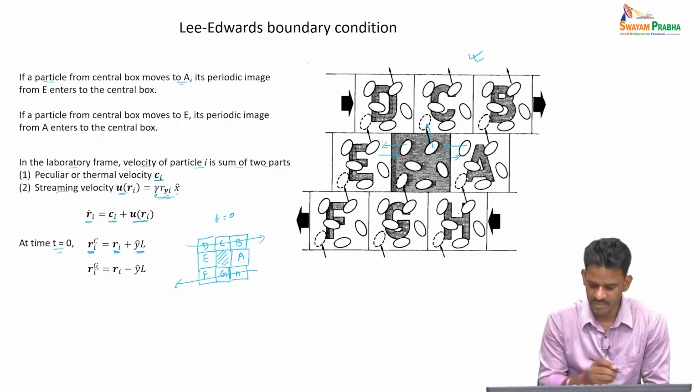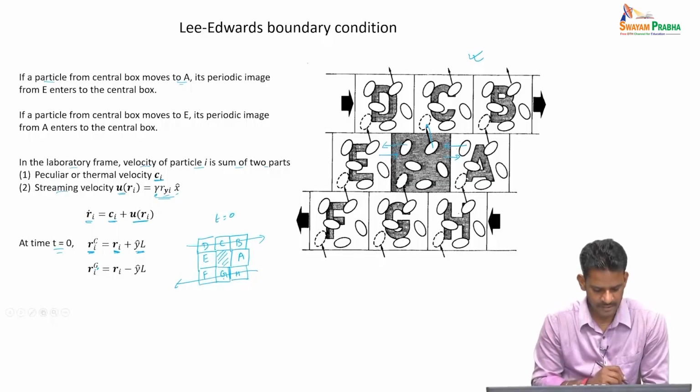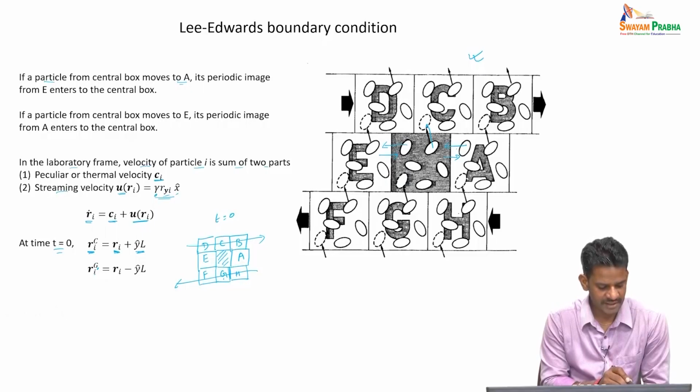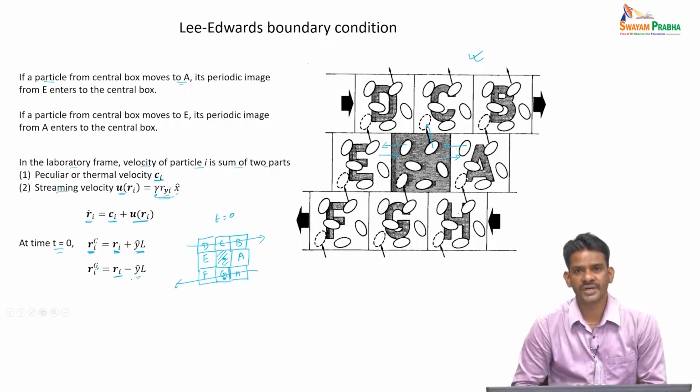Similarly, if you look at the same image at the G box here, then its position, that is the particle i's image in G box, will have the position Ri minus y cap L. This means that the particle i here and its image in G will have only the y component subtracted by a unit length of L, which is the box dimension.